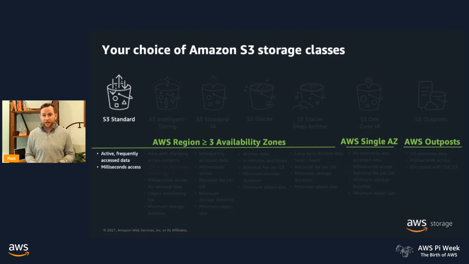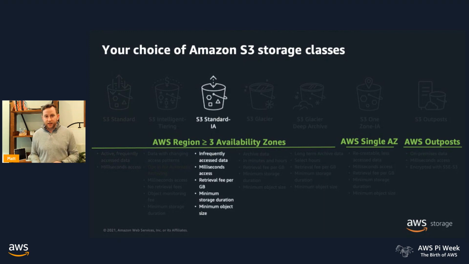But let's say you have a slightly different use case, and now you have a photo sharing app where end users upload photos from around the world, but they're actually infrequently accessed because oftentimes people take a picture, they might share it once or twice, but then it just sits there. And so they have this infrequent access, but they do need low latency access when you need it.